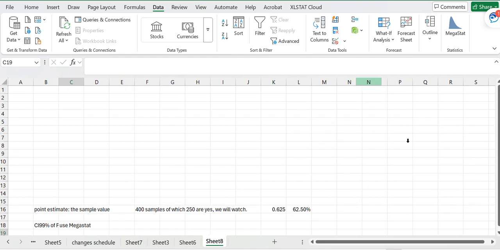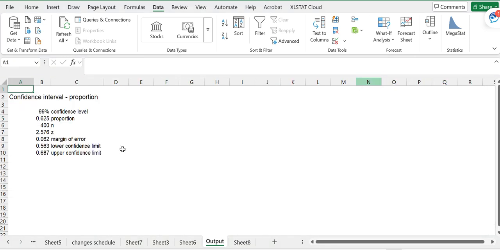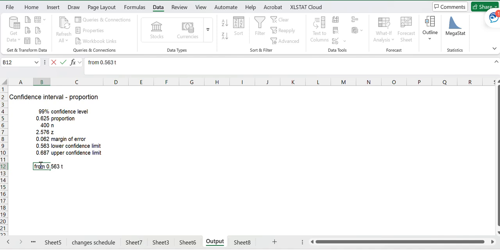So we get the results of this particular work in the output tab, and I get the limits to be from 0.563 to 0.687. What does that mean?